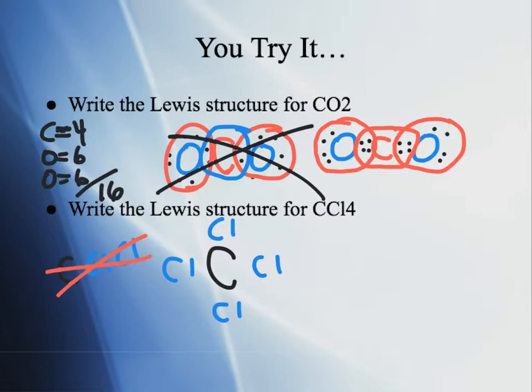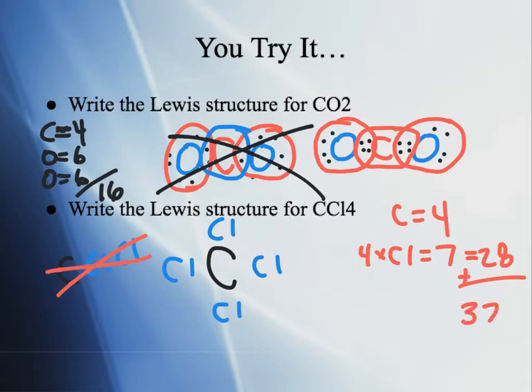Okay, so let's take a look at how many valence electrons we have total. So carbon has 4 valence electrons, and we've got chlorine that has 7 valence electrons, and we've got 4 chlorines. We have 4 times 7 is 28. 28 plus 4, 32 dots that we're going to be drawing in this Lewis dot structure.